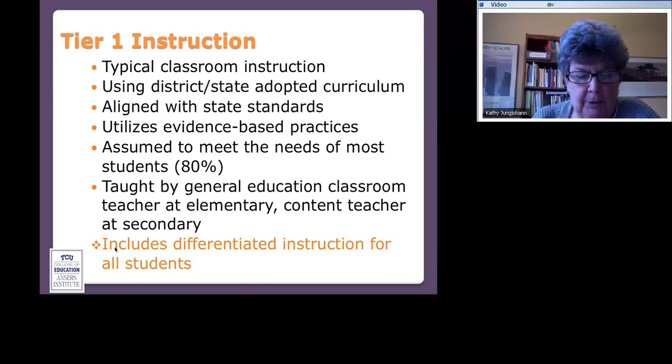We know that within a typical classroom, not all students are the same. There's a great deal of diversity within a general education classroom, and it would make sense that even within Tier 1 instruction, the teacher can still provide some differentiated instruction and different kinds of instructional arrangements to meet student needs.